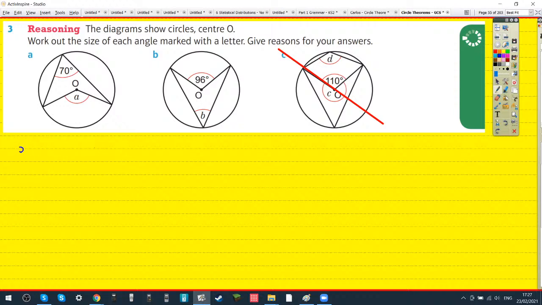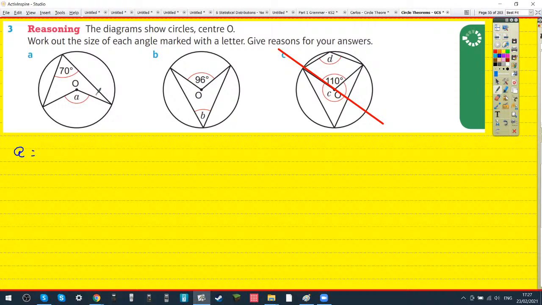Any idea about A? 70 degrees. Oh, I'm a bit confused.